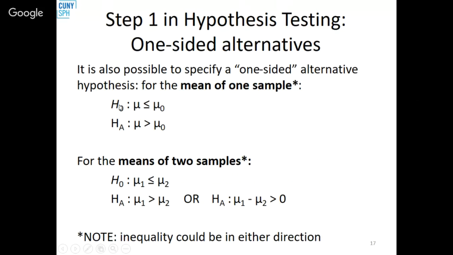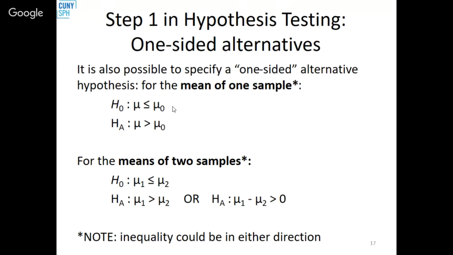And an example here would be, for a one-sample test, that the mean is less than or equal to the hypothesized mean in the null distribution. So this null hypothesis always has to contain the equality. So it can't just be less than, but it can be less than or equal to.